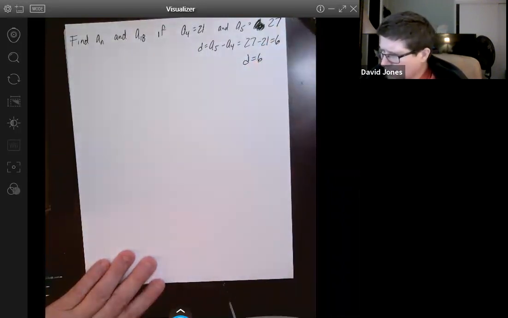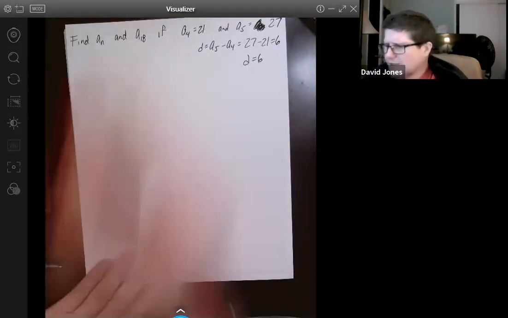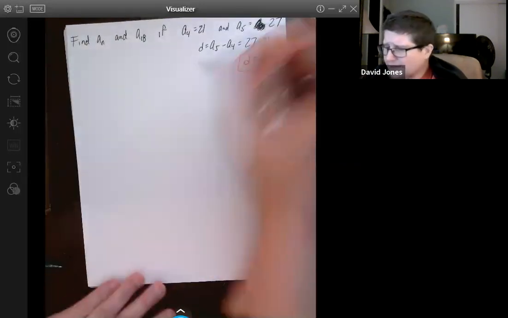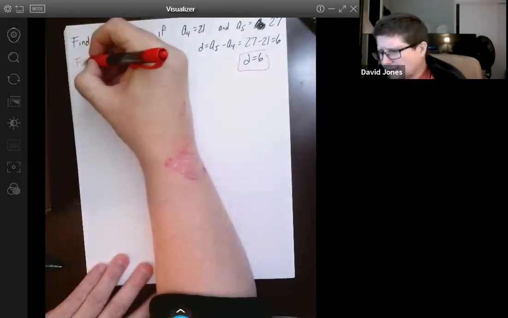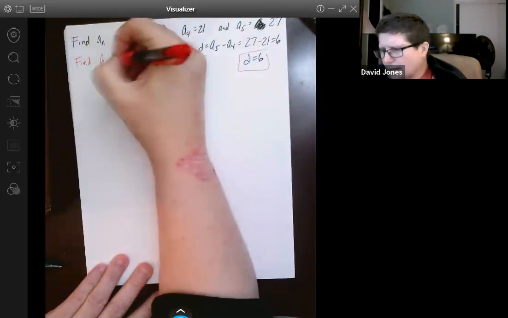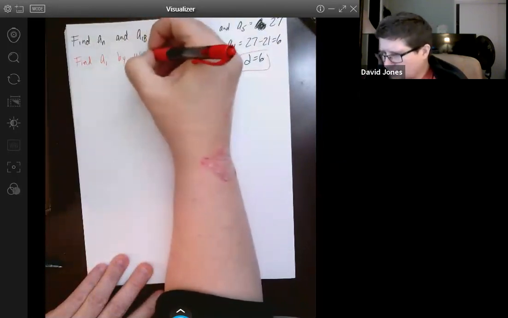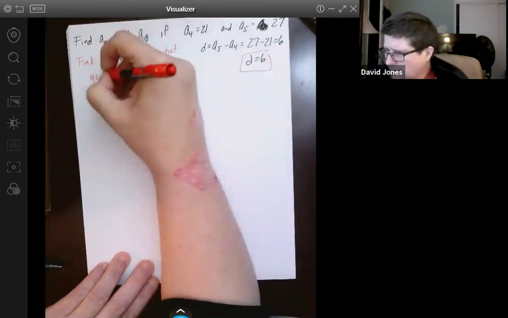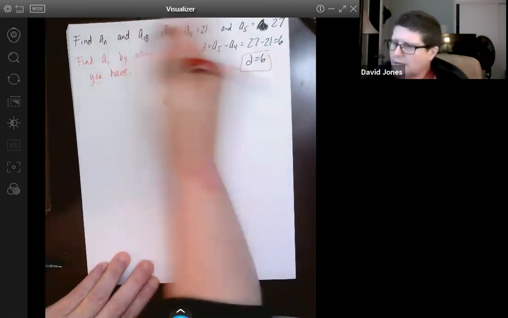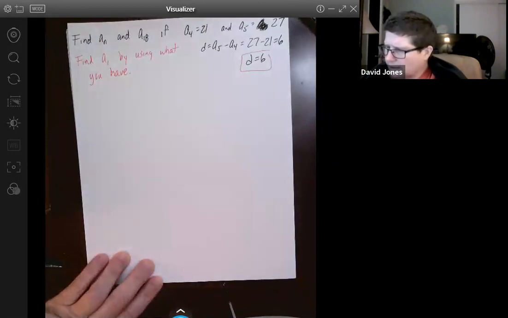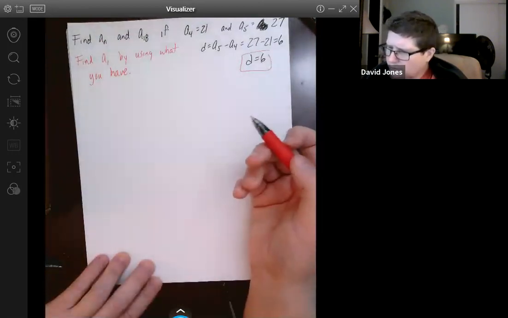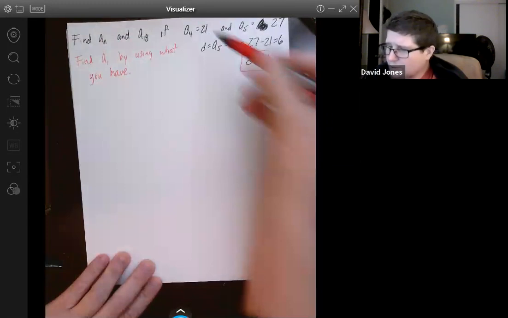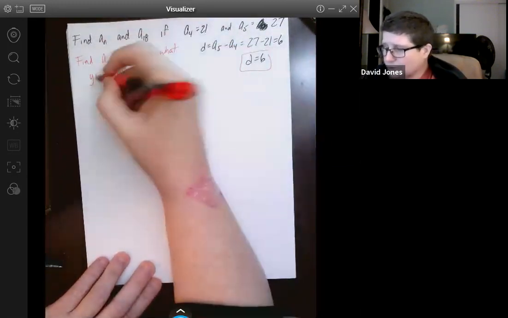How can I find a sub 1? So that part's easy. Let's find a sub 1 by using what you have. I'll use the smaller one, a sub 4. A sub 4 equals 21.